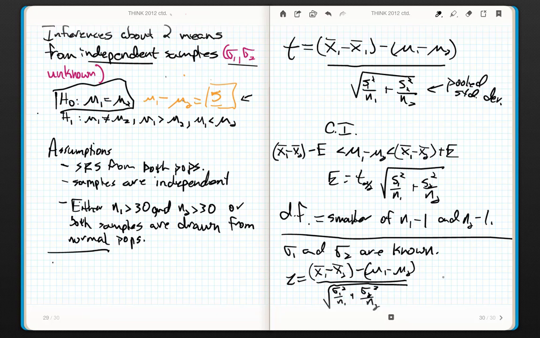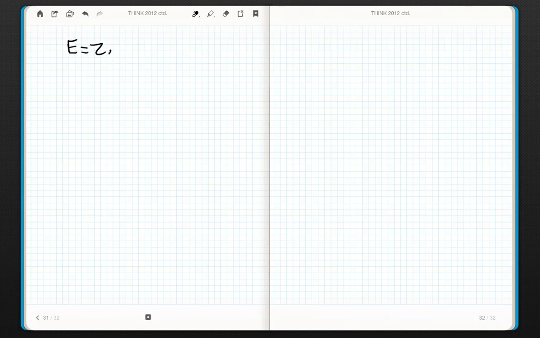And the best part is when I'm dealing with Z, no degrees of freedom, because I get to play ball on the standard normal curve. And the error bound for this is going to be exactly the same thing, only I'm going to have a Z alpha over 2 times the square root of sigma 1 squared over N1 plus sigma 2 squared over N2.